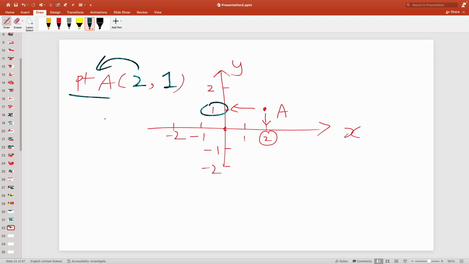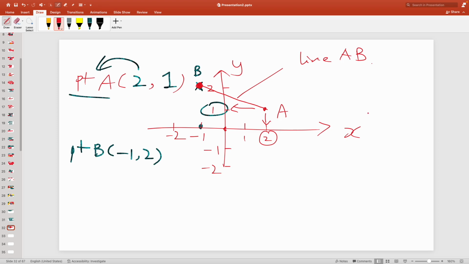Point B is -1, 2, so it's here. So this is my point B. If I link point A to point B, I have a line. So how do you label this line? It follows this tradition, y equals to mx plus c. How do you get the m? The formula is y1 minus y2 over x1 minus x2.